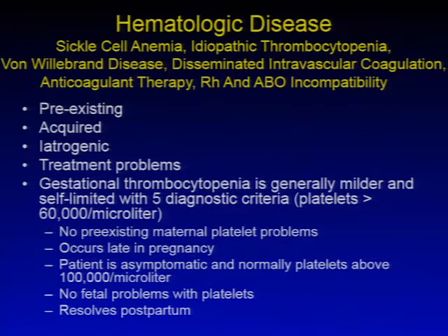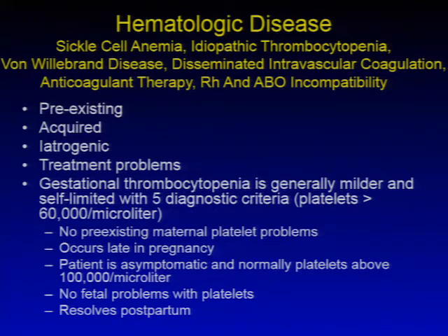These include such things as sickle cell anemia, idiopathic thrombocytopenia, von Willebrand disease, and then the acquired problems such as disseminated intravascular coagulation, anticoagulant therapy, and problems with blood incompatibilities. So these hematological problems during pregnancy can include pre-existing, acquired, iatrogenic, or treatment problems.